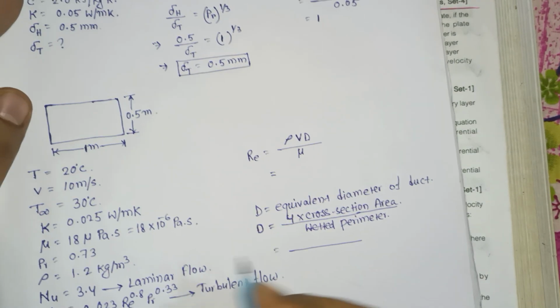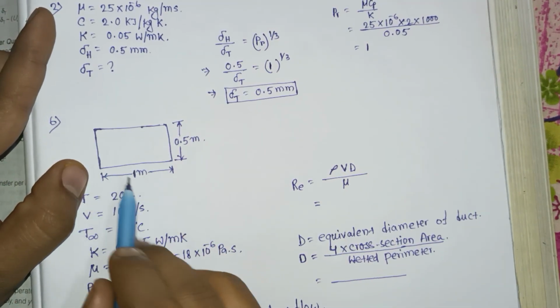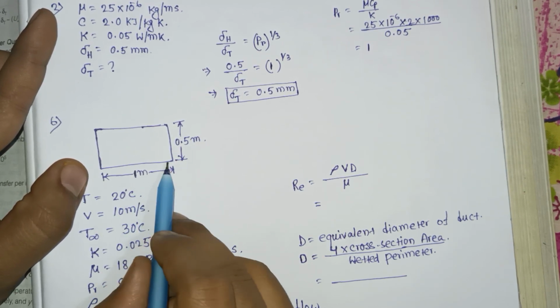So this is the duct here. You have to find the cross section area of this duct. This is 1 into 0.5. So 4 into 1 into 0.5, where 1 into 0.5 is the cross section area. What is the wetted perimeter? You just find the perimeter, that means 2 into (1 plus 0.5).